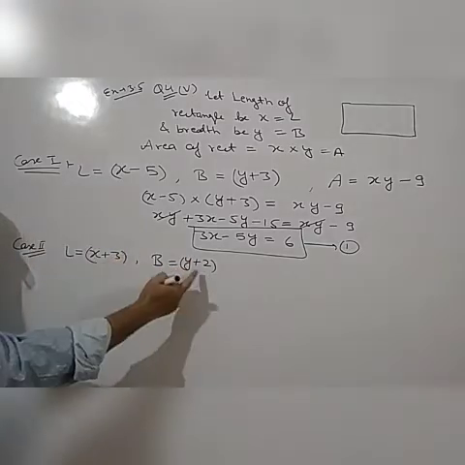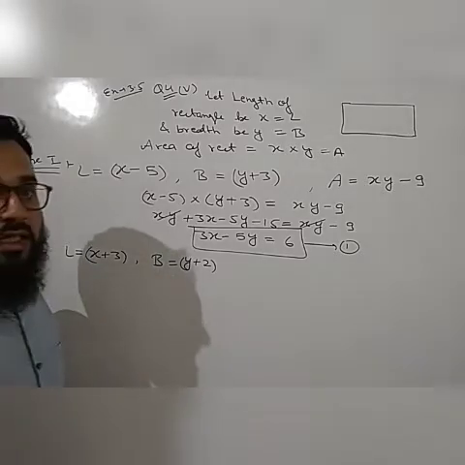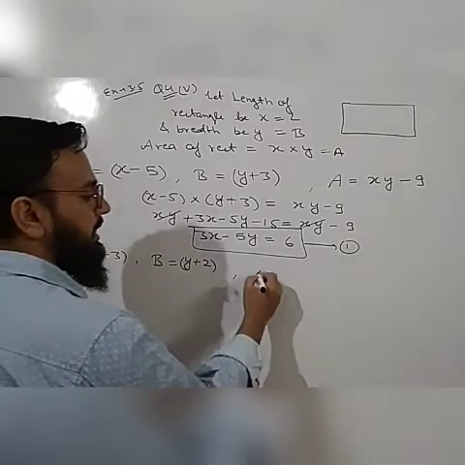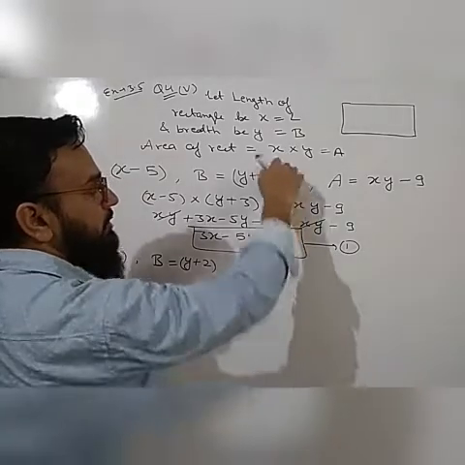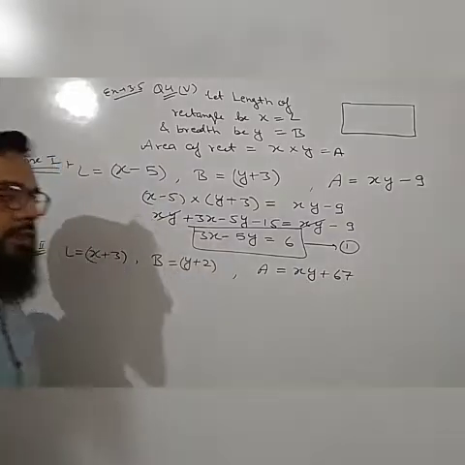Length by 3, breadth by 2. Then the area increases by 67 square units. Now the area is increasing by 67. So what will be the area?